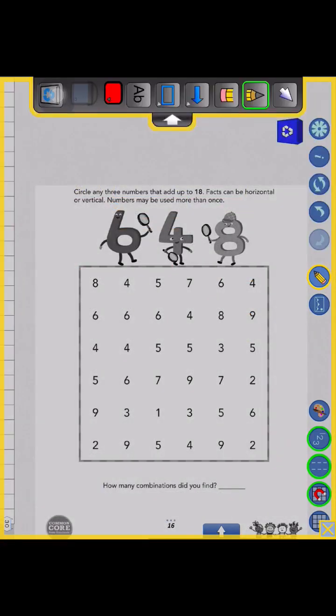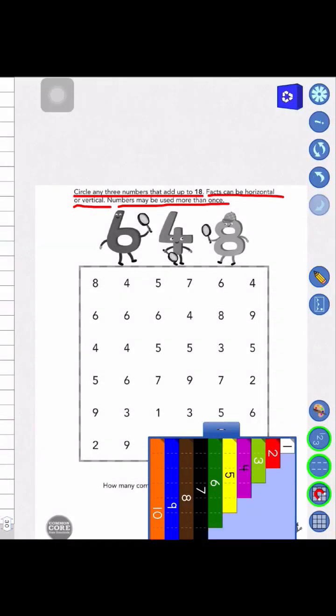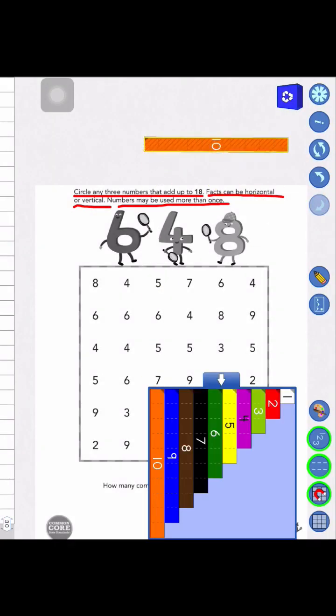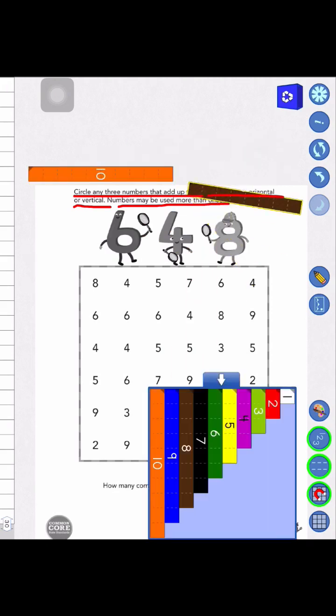And then we move on to page 16. Okay, circle any 3 numbers that add up to 18. Facts can be horizontal or vertical. Numbers can be used more than once. Okay, because the sum should be 18, so we get number 10 rock and number 8 rock.